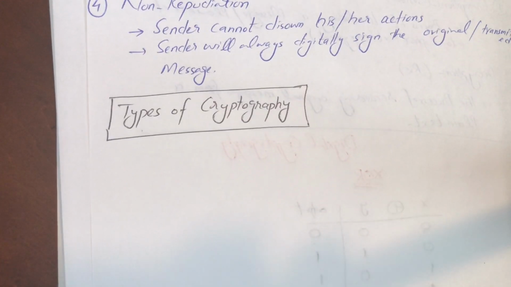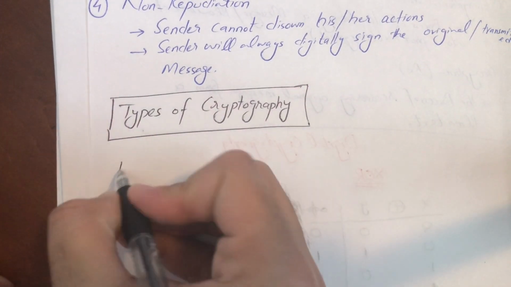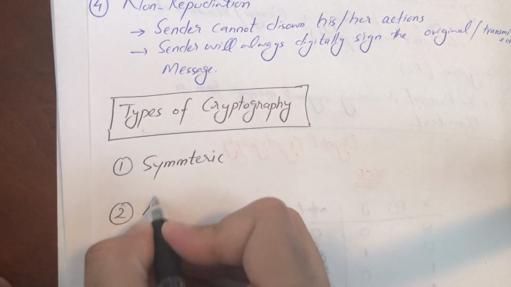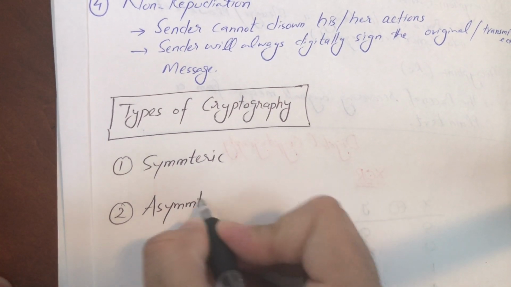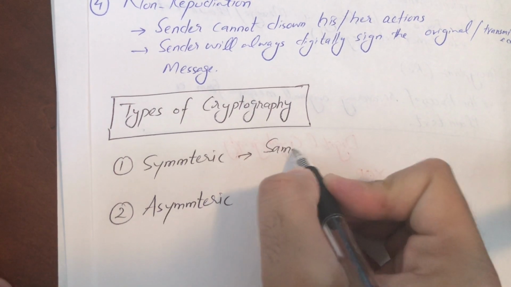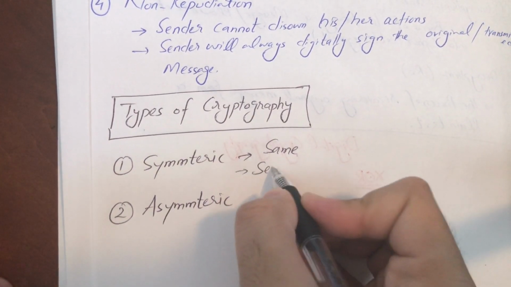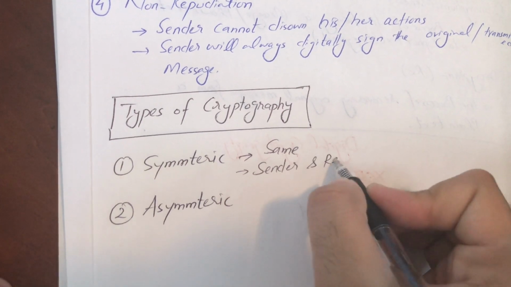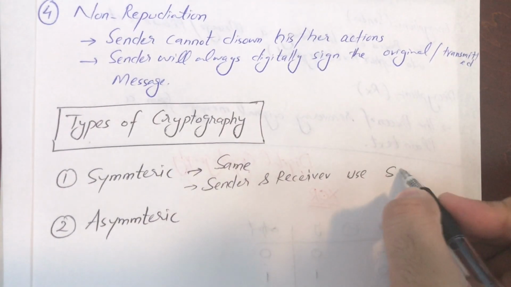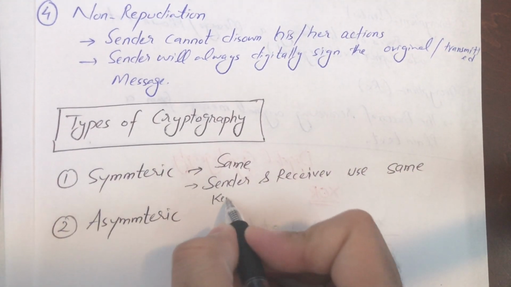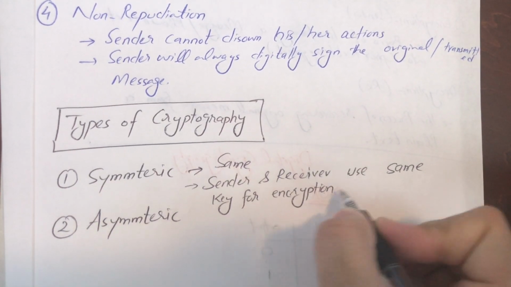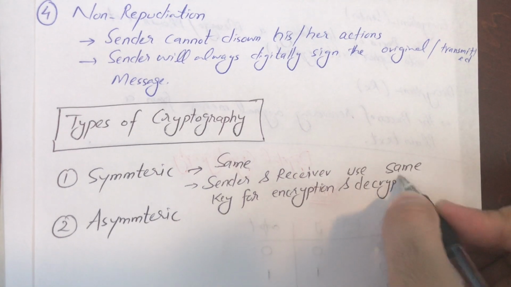There are two main types of cryptography. One is called symmetric, and the second is called asymmetric. In symmetric, as the name suggests, it's the same. The sender and receiver use the same key for encryption and decryption.